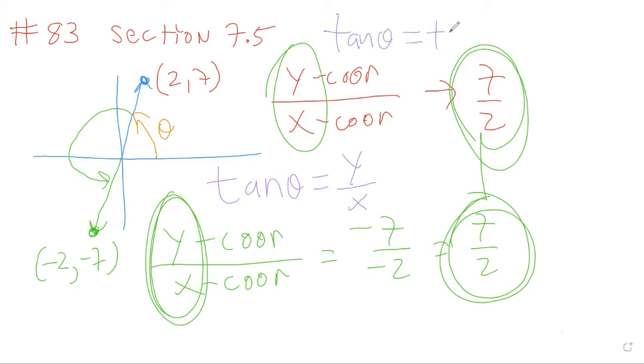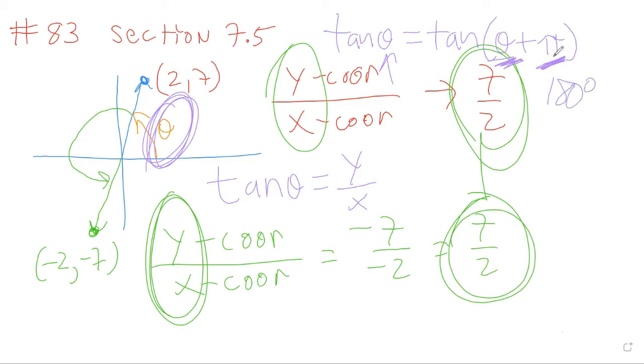And that's why in your identities here in purple in the top of the screen, if you remember your identities, they said that tangent of theta is the same as tangent of theta plus pi, because theta is like the original. And then over here, it's the original plus pi. We know that pi is a 180 half spin.